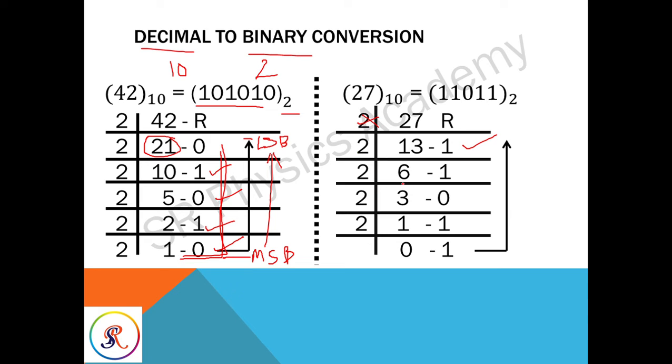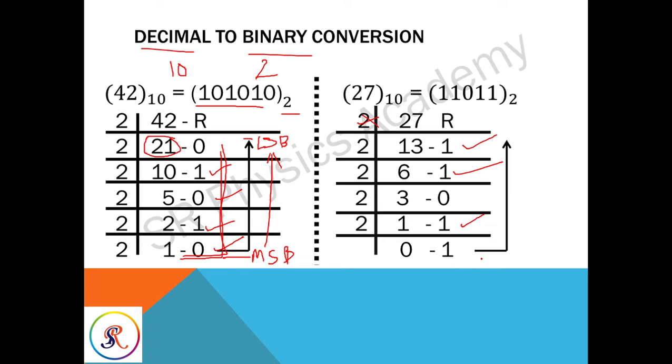Then 13: 6 2s are 12, the remainder is 1. Then the quotient is 3, again we divide by 2, 1 2 is 2, the remainder is 1. Is it clear now? We continue till the last remainder.